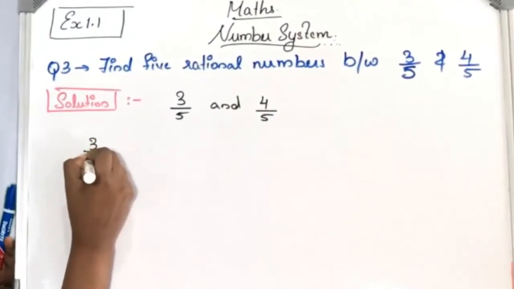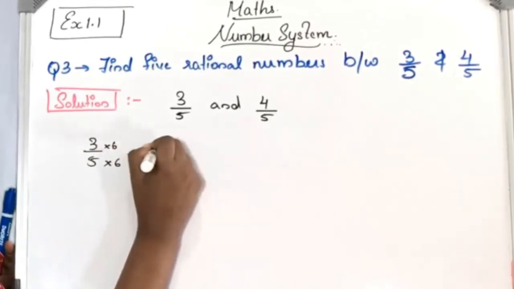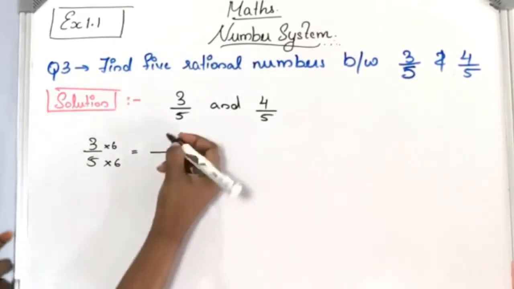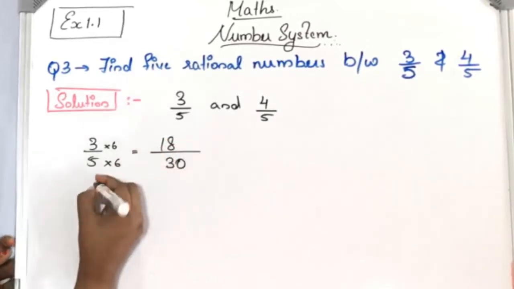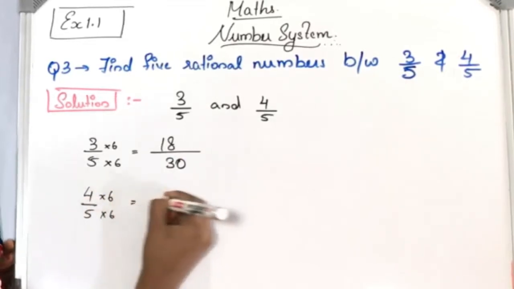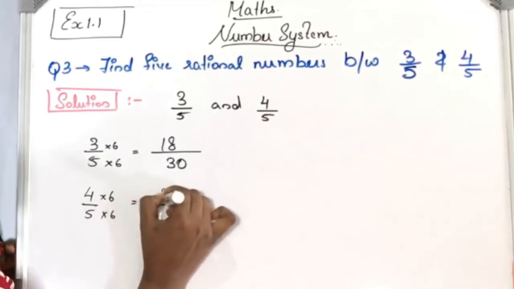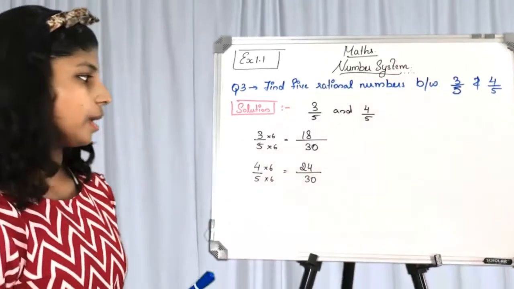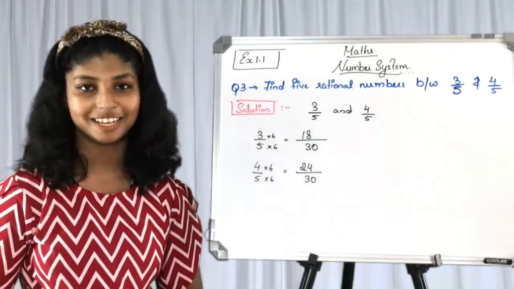3 by 5, you multiply it by 6 and you get 18 by 30. And 4 by 5, do the same process and you get 24 by 30. So you have got 18 by 30 and 24 by 30.